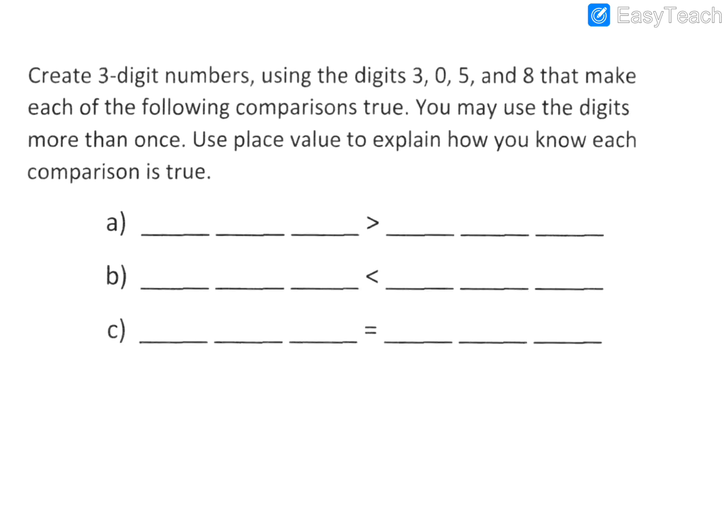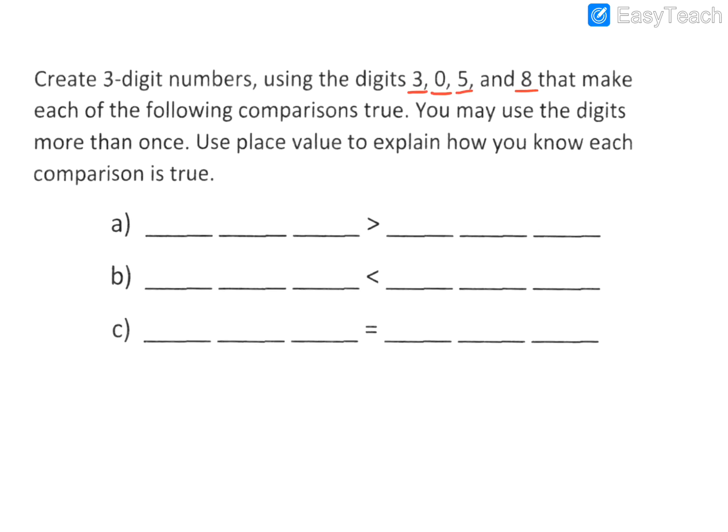This says create 3-digit numbers using the digits 3, 0, 5, and 8 that make each of the following comparisons true. You may use the digits more than once. Use place value to explain how you know each comparison is true.